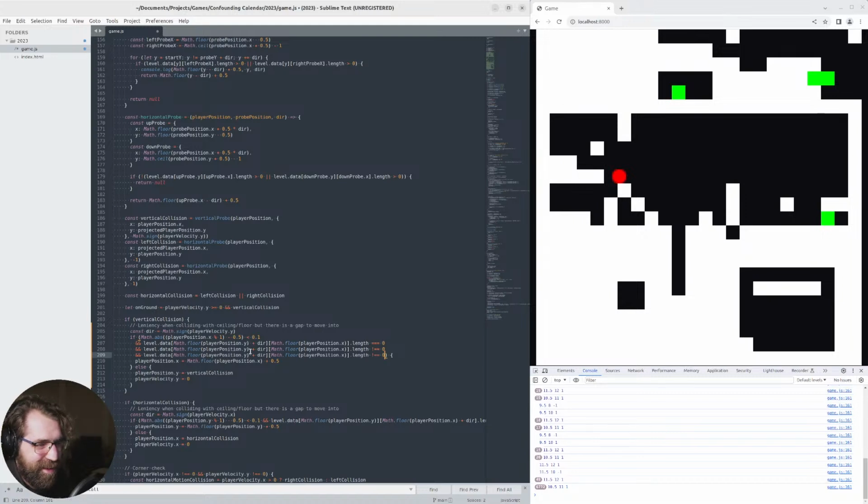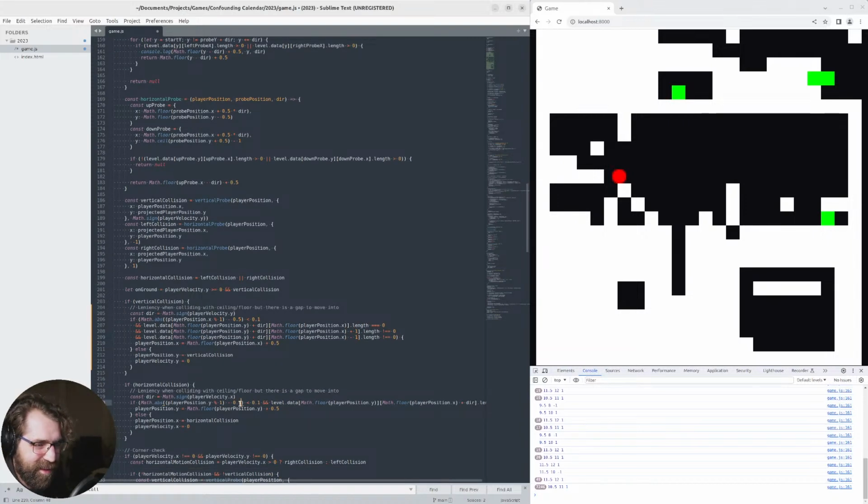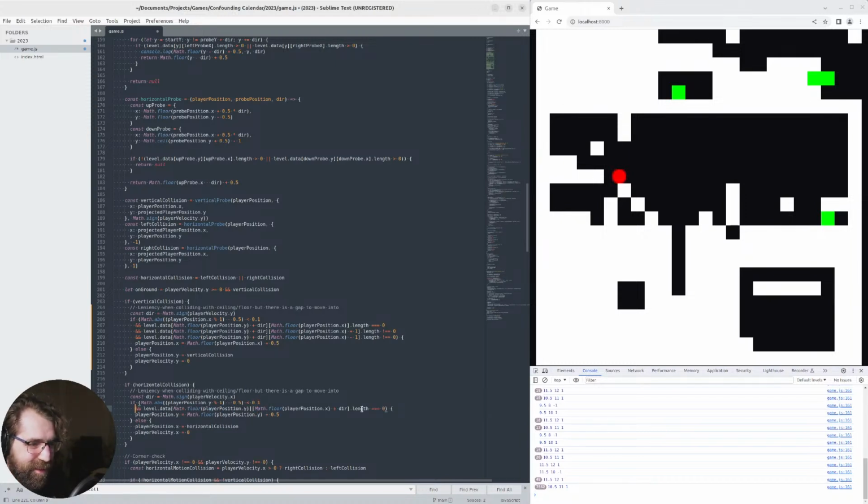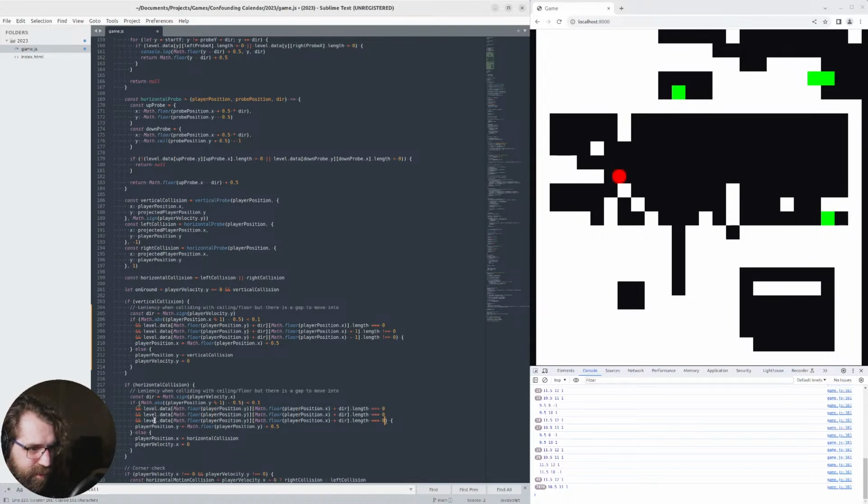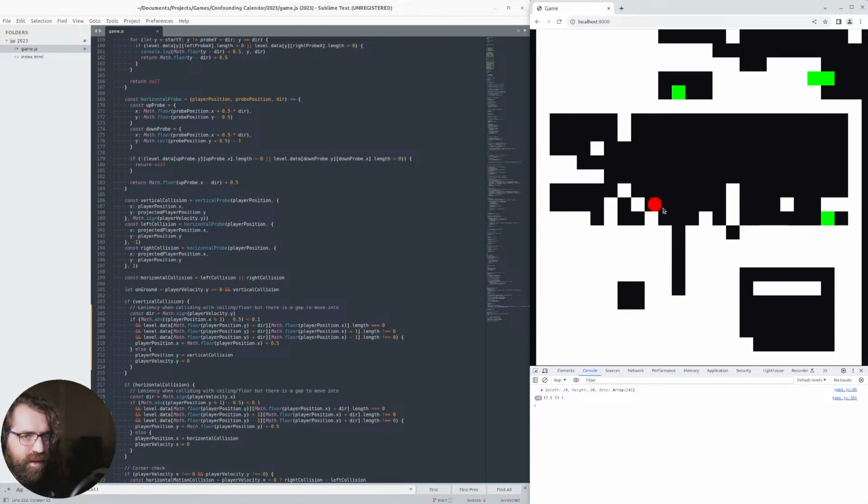I'm doing it. +1, -1, and then do the same for this. Nobody tell anybody what I'm doing. +1, -1. So now these should only happen in, so I should be able to jump to this just fine. Yeah, okay.